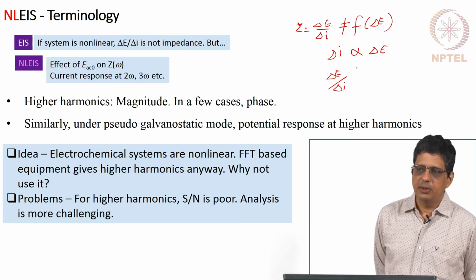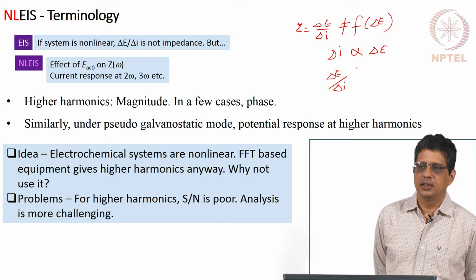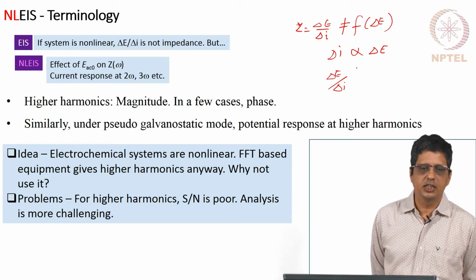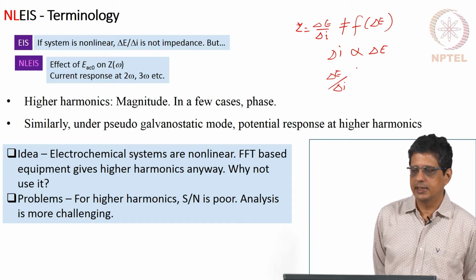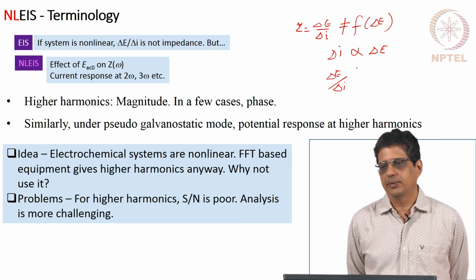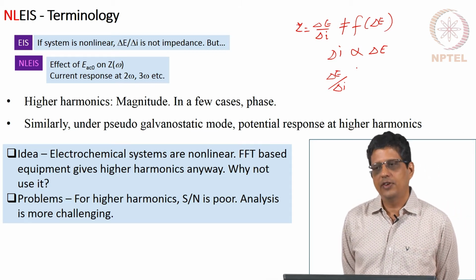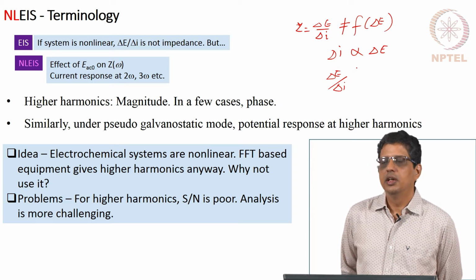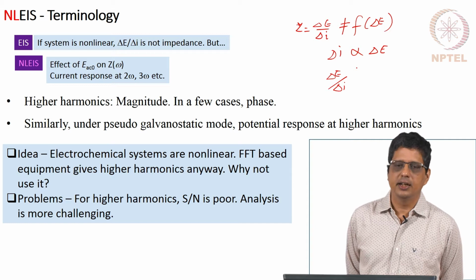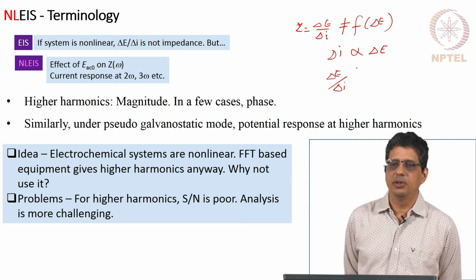We do not see as many publications with NLEIS as you see with EIS. EIS is used extensively, whereas NLEIS is used only in very few cases. The main reason is the analysis is challenging. Even at fundamental, if we apply a large amplitude perturbation, we will get good quality data, that means signal to noise ratio will be good.